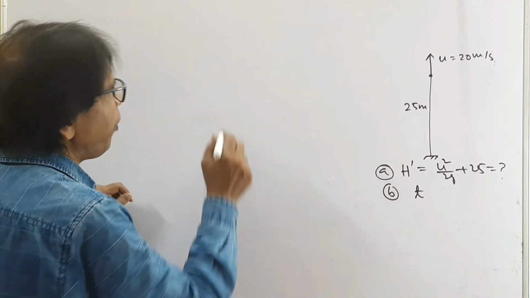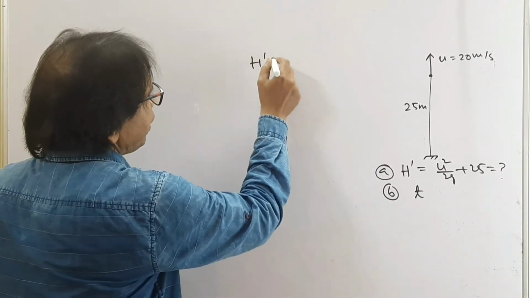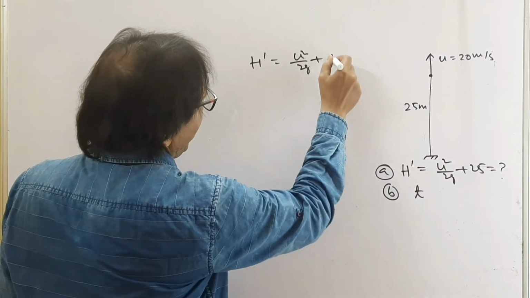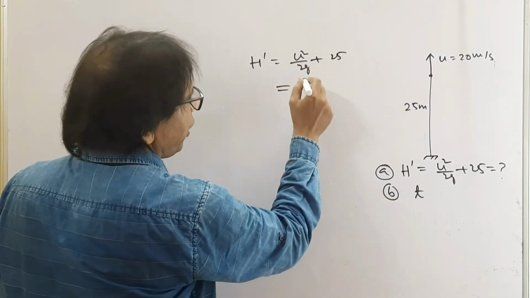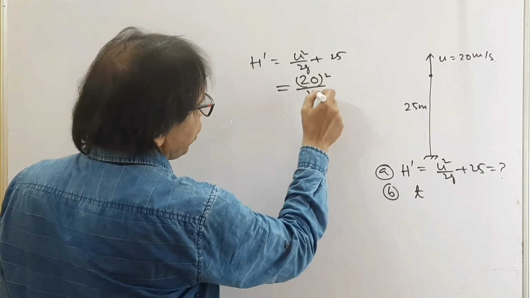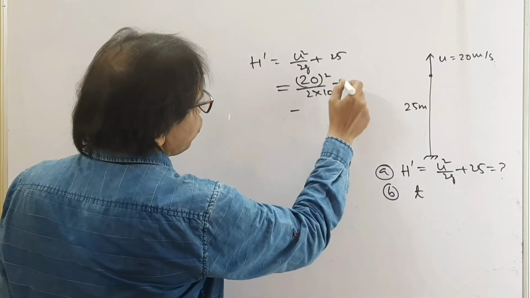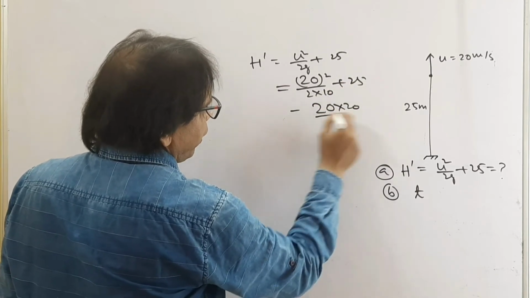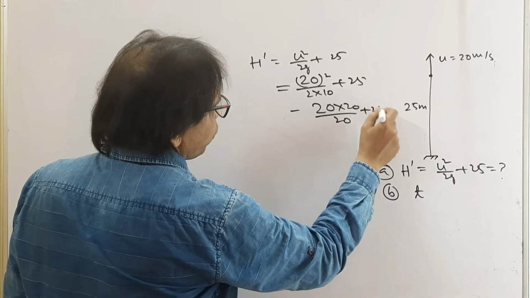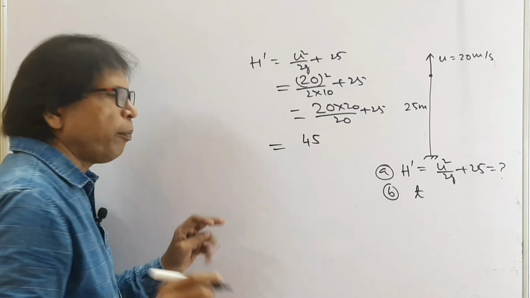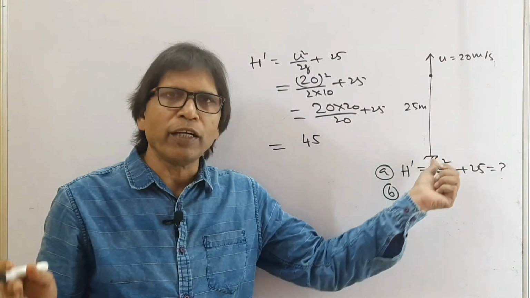Now the maximum height h dash equals u square by 2g plus height of the building. Now here u equals 20, whole square divided by 2 into 10, plus 25. So this is 20 into 20 divided by 20 plus 25. Okay, so this is 45 meter, the maximum height ascent from the ground.